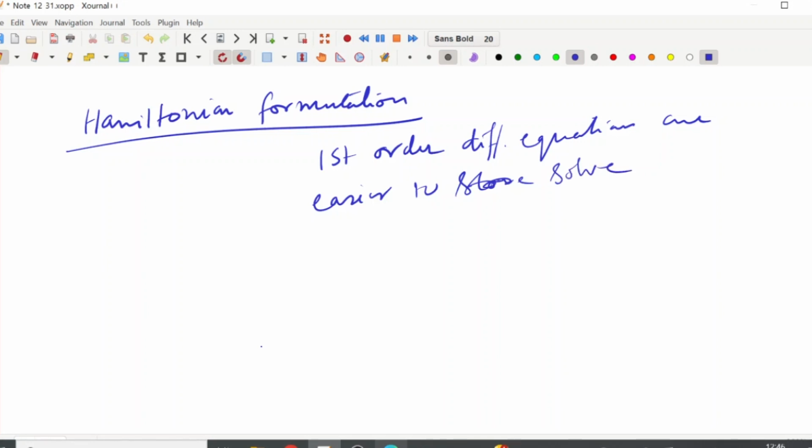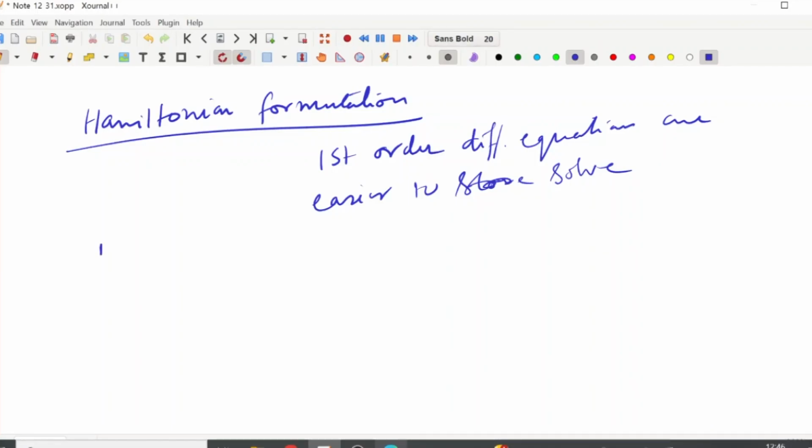So, the question we are addressing is: is it possible to have a formulation with respect to different variables such that we get first order differential equations, maybe more in number? Suppose we go from the set q_i, q_i dot, t to the Hamiltonian formulation with q_i, momentum p_i, and t. Is it possible to have first order differential equations?